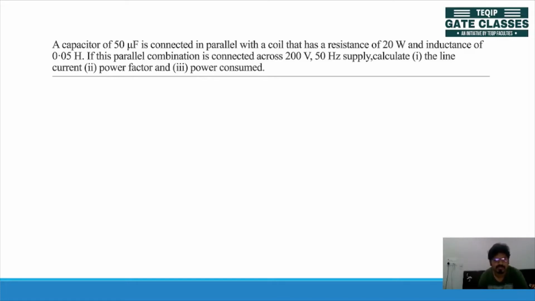Now let's discuss some other examples. Suppose a capacitor of 50 microfarad is connected in parallel with a coil. If you hear coil, it means there is a resistance in series with an inductance. So here a capacitance is connected in parallel with a coil having a resistance of 20 ohm and inductance, let's say, 0.05 Henry.